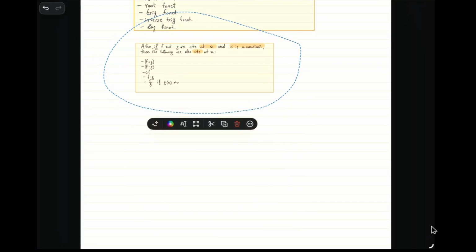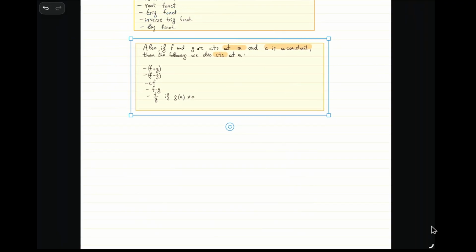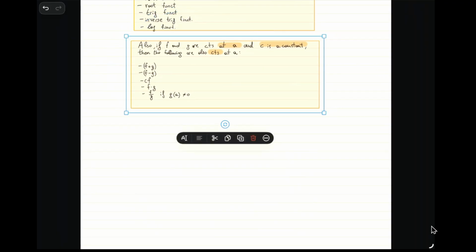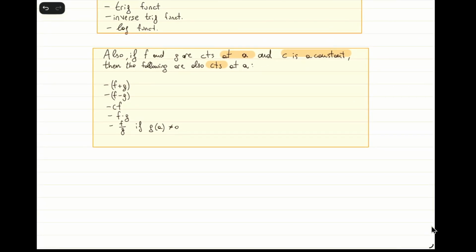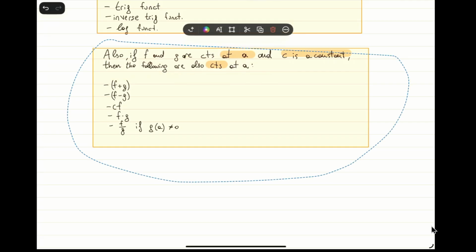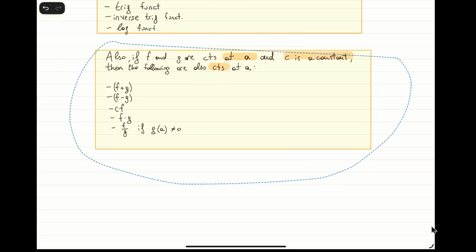So also, now we talked about this. Also, what can we say? If the functions are continuous at a and c is a constant, then the following are also continuous. Wait, let me move this because it's not in line properly. It bothers me.